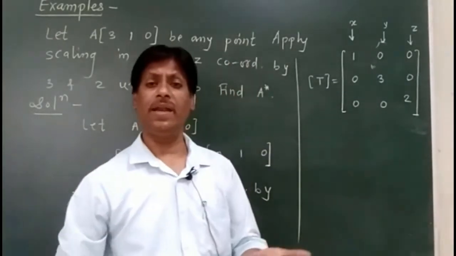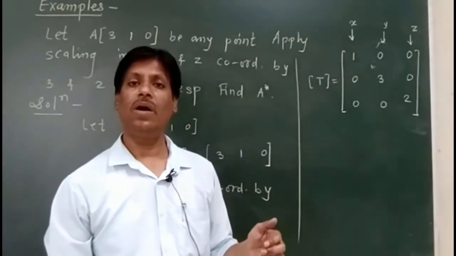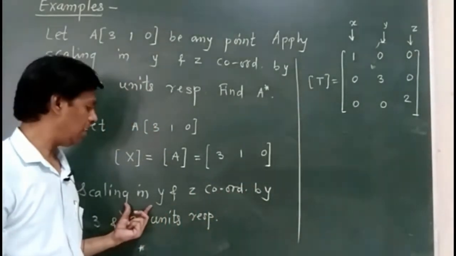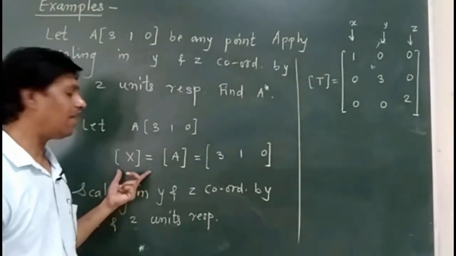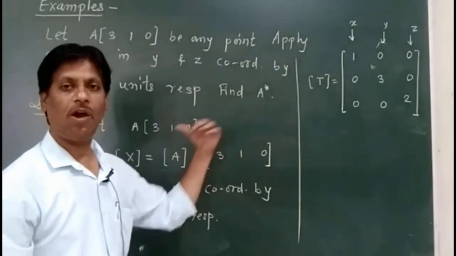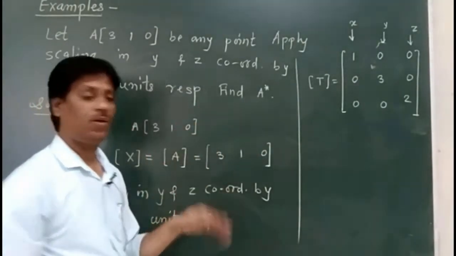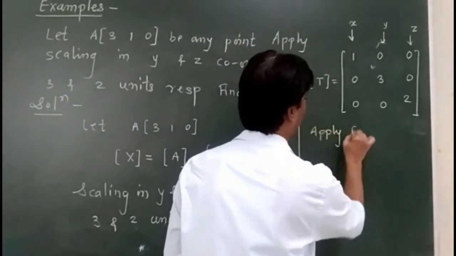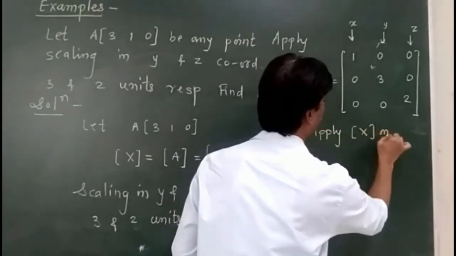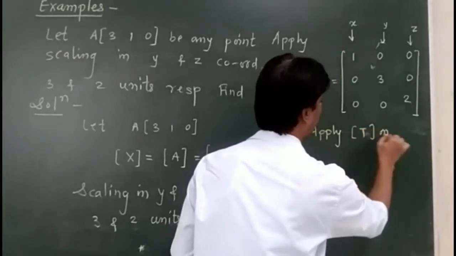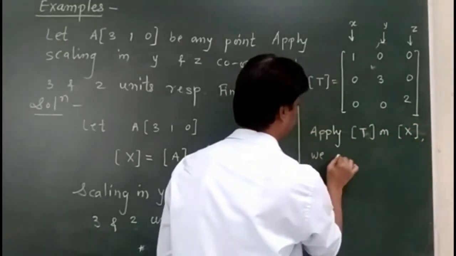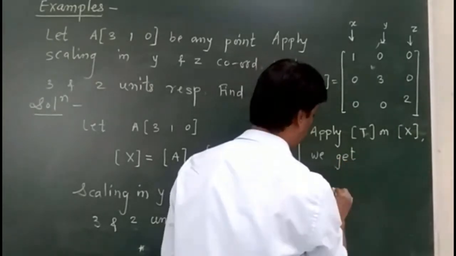Okay. Now what we have to do? Now we already have the X position matrix of the object or the point A. So we are applying this T on X just like in 2D. So apply T on X. So we get, how to get that one?